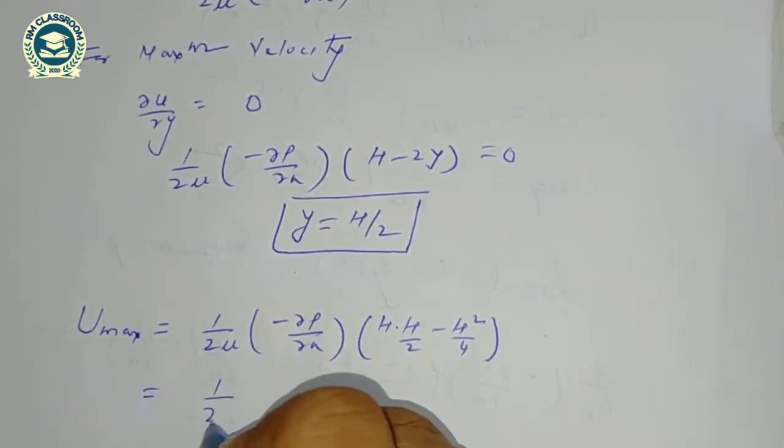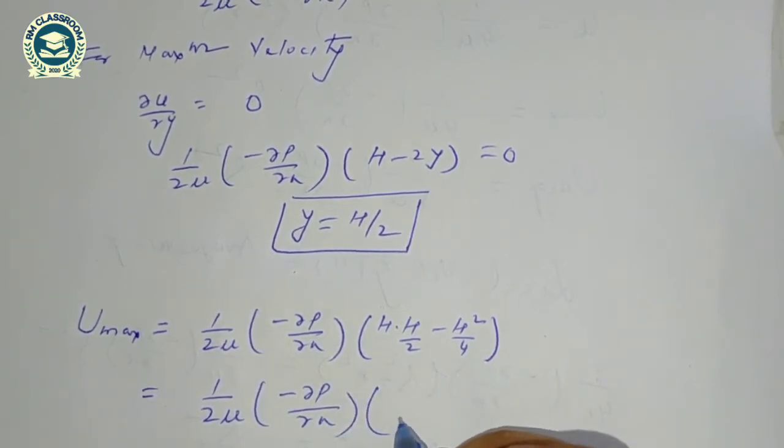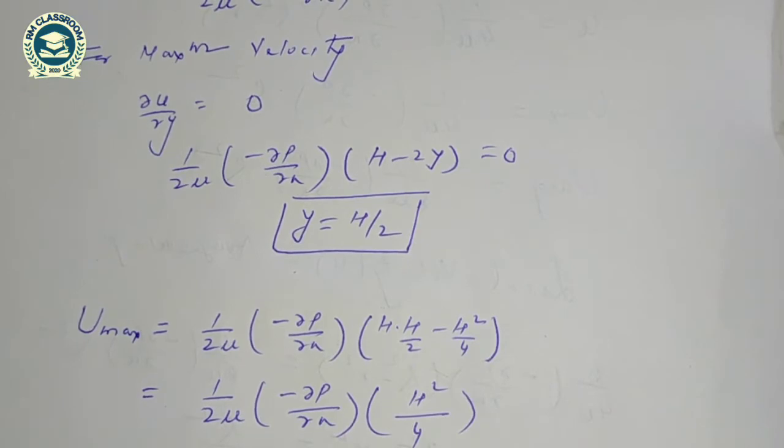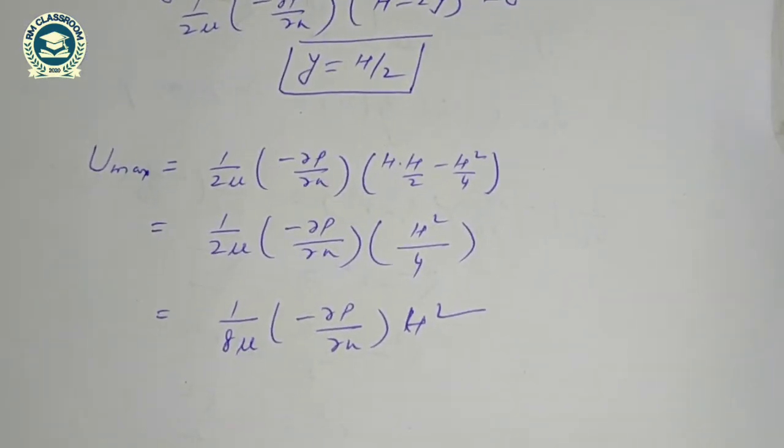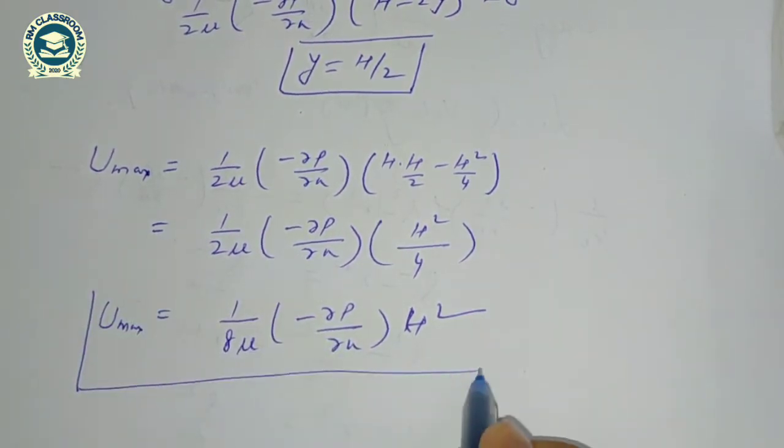So it is coming 1 by 2 mu minus del p by del x into (2h square minus h square) by 4. So maximum velocity is 1 by 8 mu minus del p by del x into h square. So this is the expression of maximum velocity in case of two fixed parallel plates.